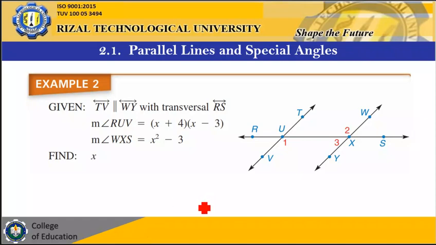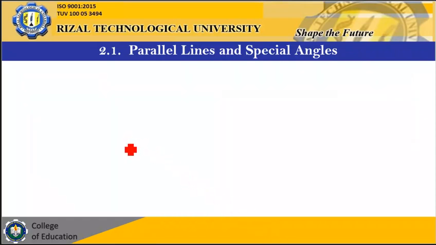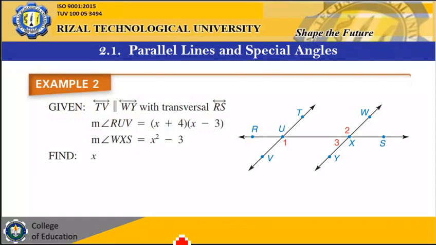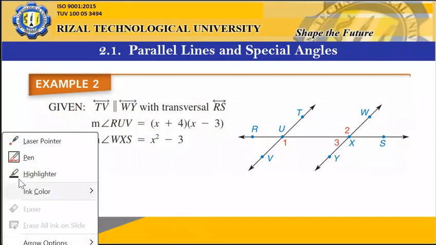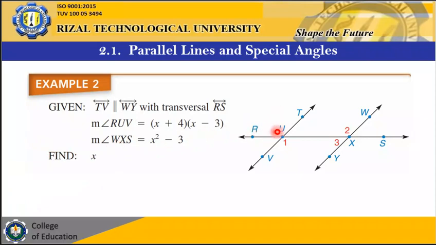Okay, let's have our solution. In the given figure, we know that angle RUV and angle WXS are alternate exterior angles.